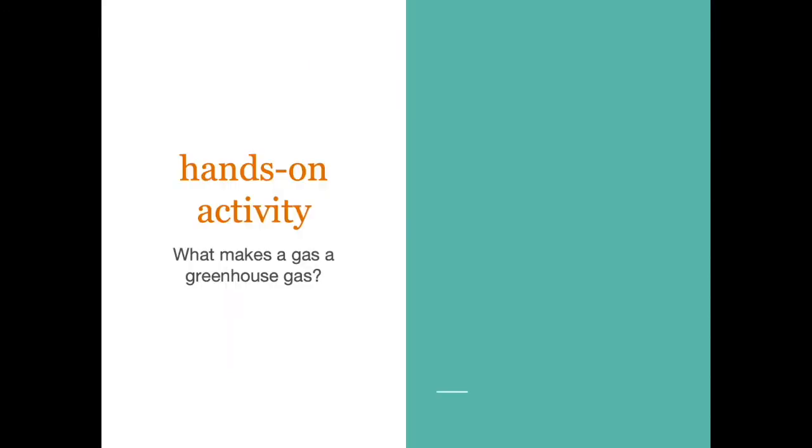In the following activity, what makes a greenhouse gas, will help students understand and explore the greenhouse gases' effect in our atmosphere. As we will recall, aerosols can control how much energy from the sun reaches the planet's surface by changing the amount that is absorbed in the atmosphere and the amount that is scattered back out into space.